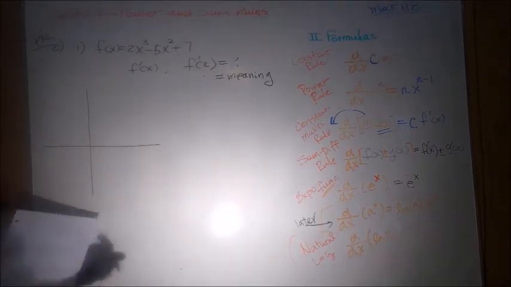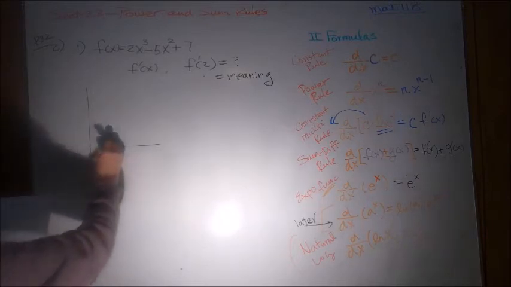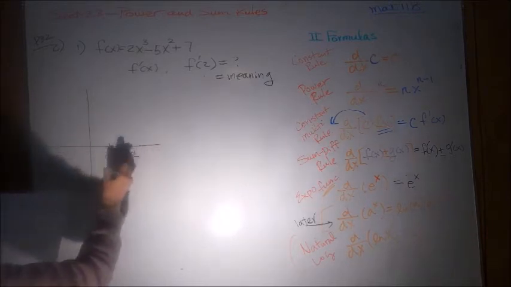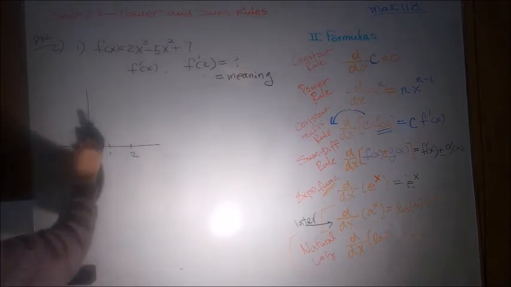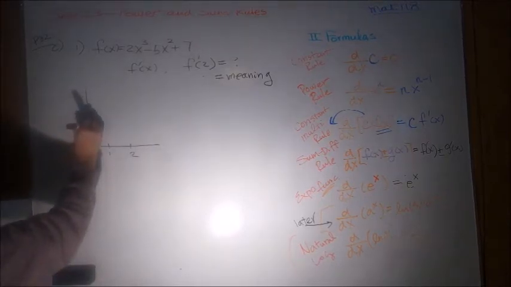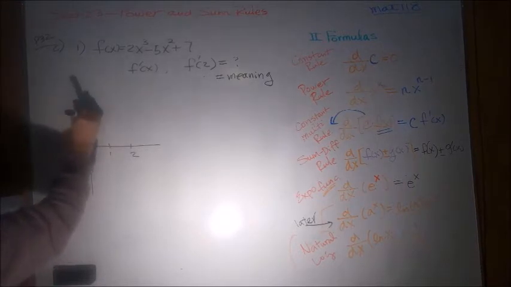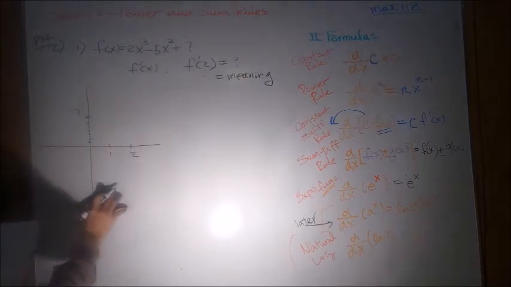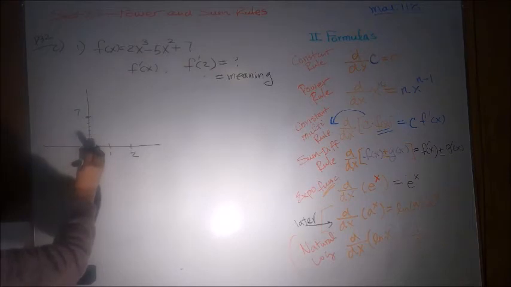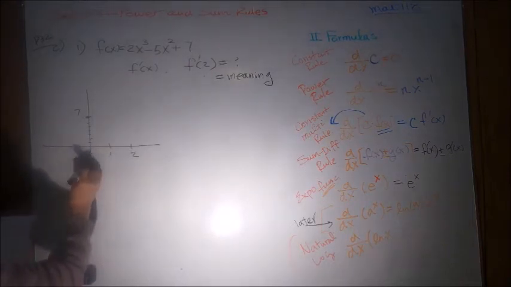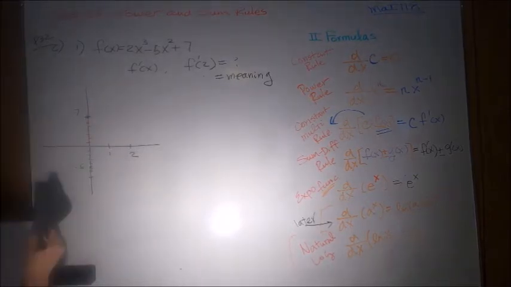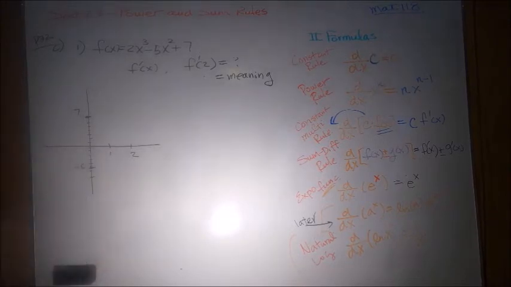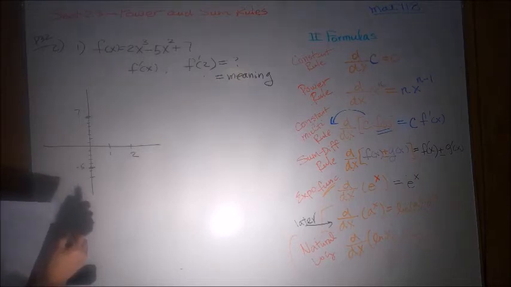So here is 1 and 2. Then if you use a calculator, 3, 4, 5, 6, 7. Okay, so if you use a calculator, you need to adjust your range, the window. Okay, so that's -5. And if you graph it, it will look like this.